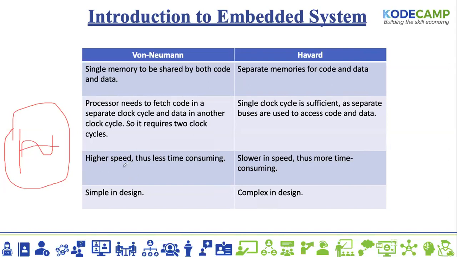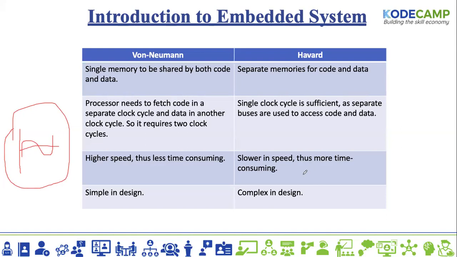Now, the von Neumann has a very high speed, but it consumes a lot of time. Though it has a very high speed, it consumes a lot of time. The Harvard has a very low speed, but it's not time consuming, because it's able to perform two actions simultaneously.